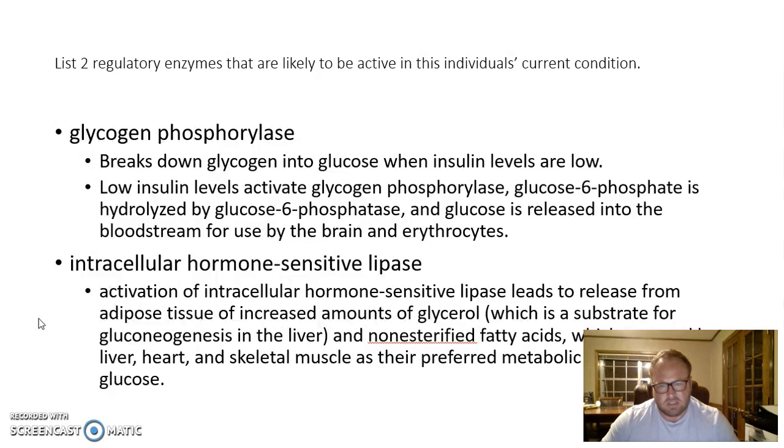And when there's a lack of insulin, low insulin levels can activate glycogen phosphorylase, which is an enzyme in breaking down glycogen into glucose when insulin levels are low, to take the glycogen that's in storage and convert it back into glucose and put it into the blood to balance out the levels again. But glycogen phosphorylase is activated when insulin levels are low.